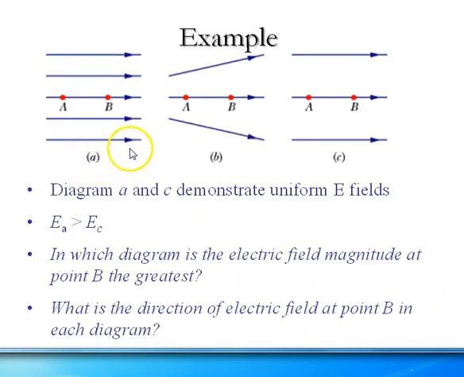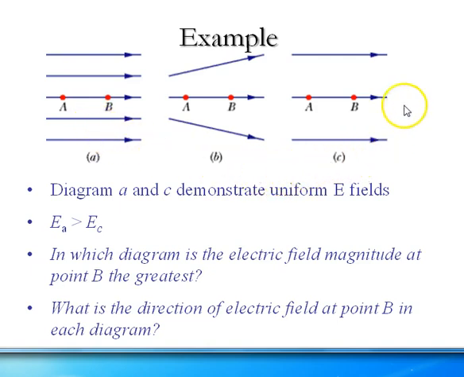If we look at this example, this shows three separate examples of distinct electric field line diagrams. If we look at diagram A, the electric field lines are equidistant from each other. That means we have a uniform electric field.